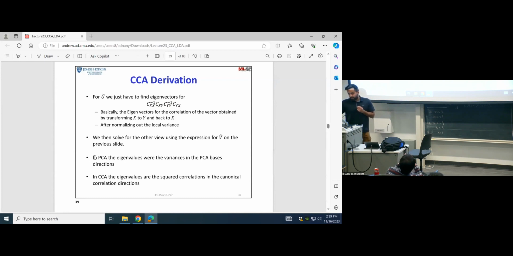In PCA, the eigenvalues were the variances in the directions, right? These were the directions that maximized variance. In CCA, we have the eigenvalues of the squared correlations. So CCA is truly measuring X to Y and then back to X. So you're getting the squared correlations in the canonical correlation direction.